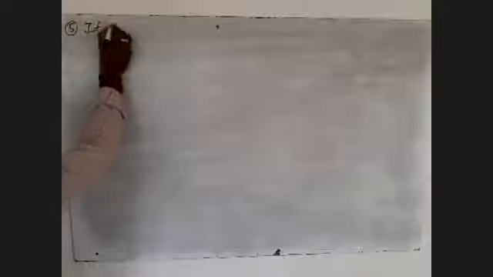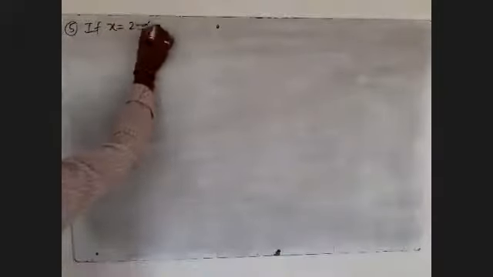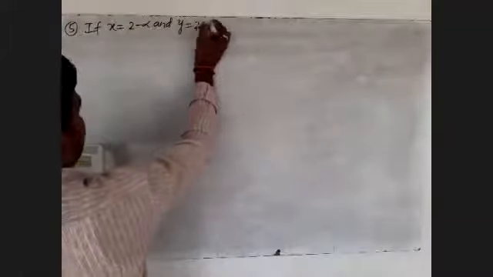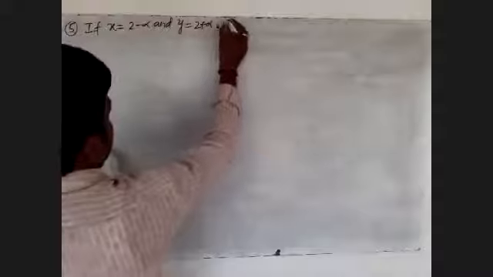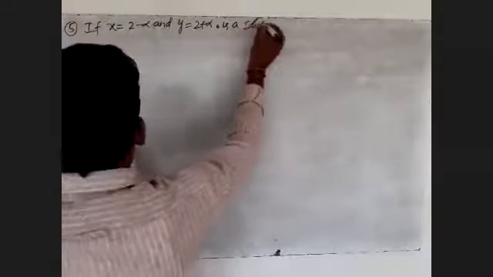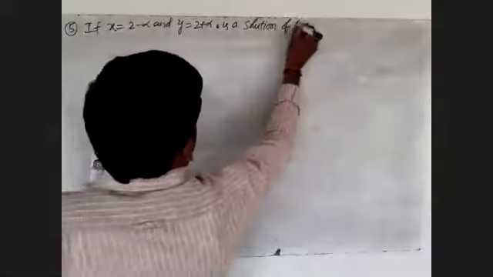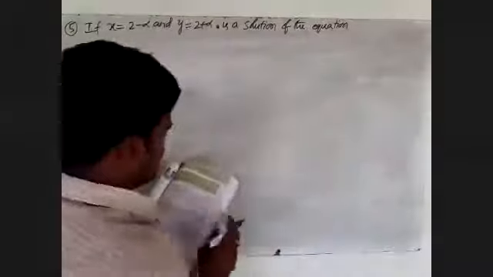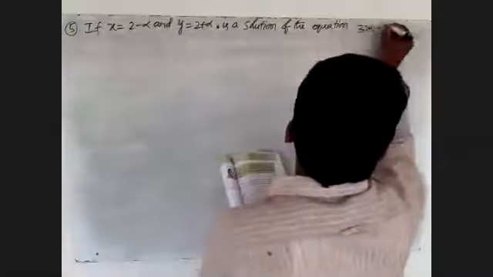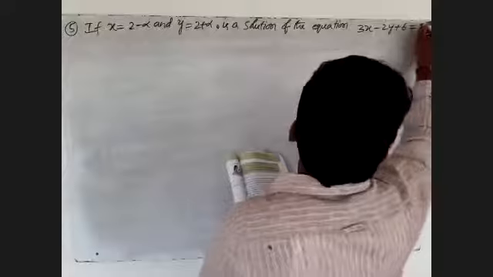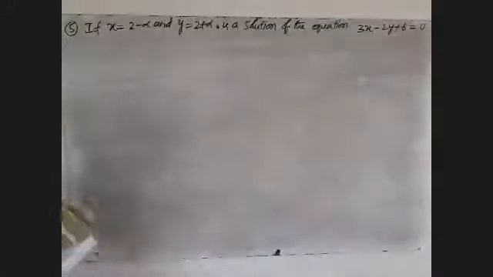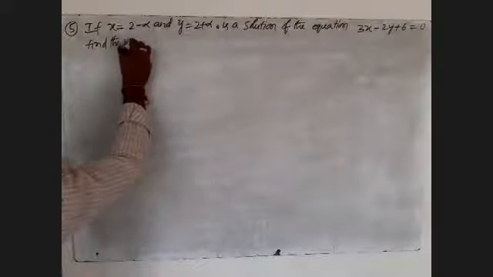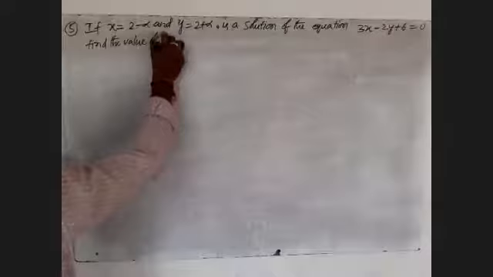If x is equal to 2 minus alpha and y is equal to 2 plus alpha is a solution of the equation 3x minus 2y plus 6 equal to 0, find the value of alpha.